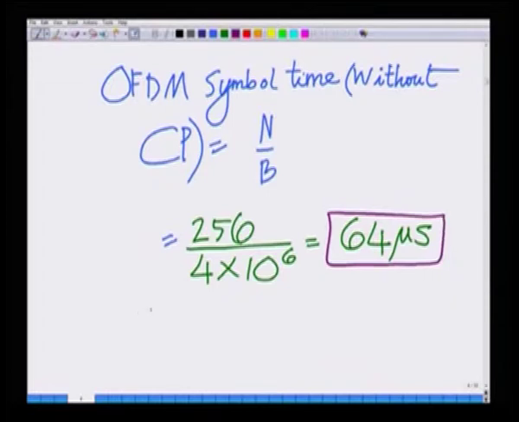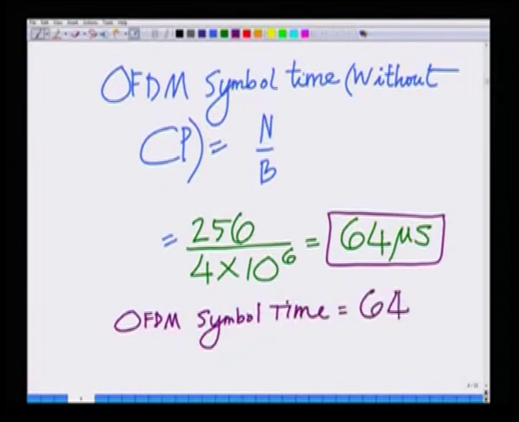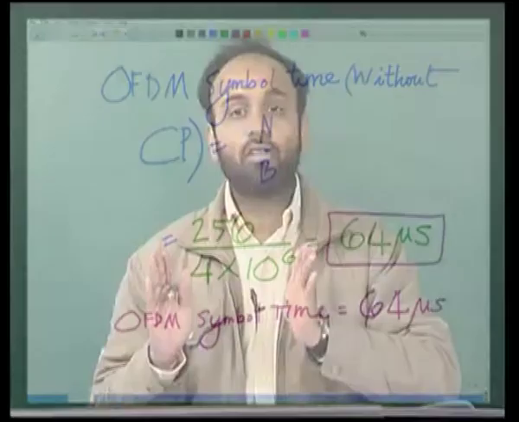So this OFDM symbol time is basically 64 microseconds, but this, remember, comprises only N samples, and this is before the addition of the cyclic prefix. Now we said the cyclic prefix depends on the channel delay spread. The cyclic prefix has to be greater than the channel delay spread.